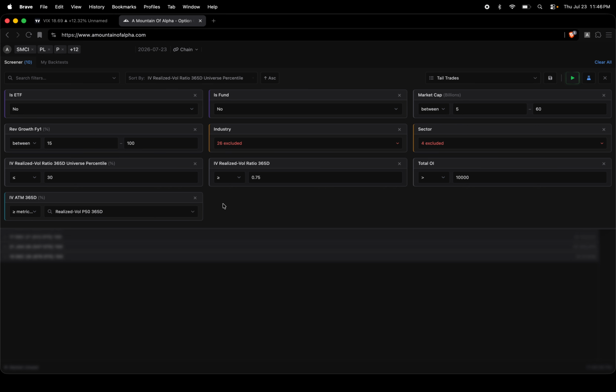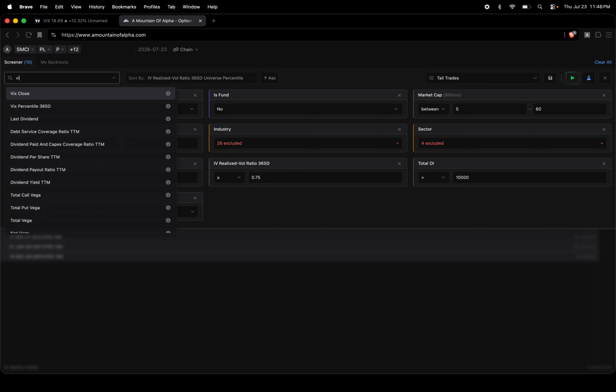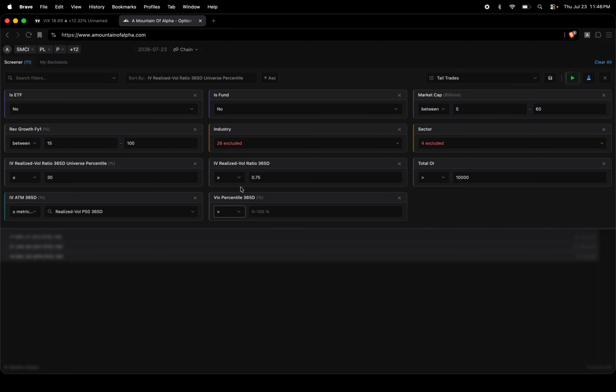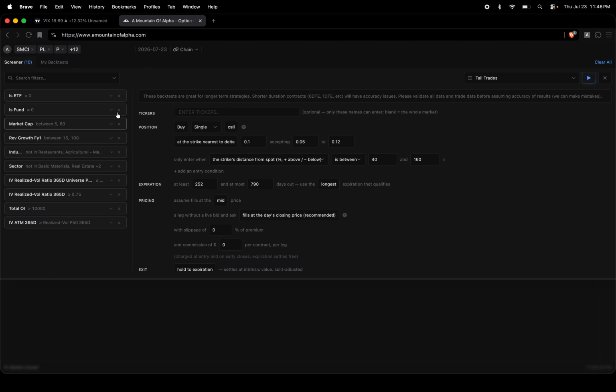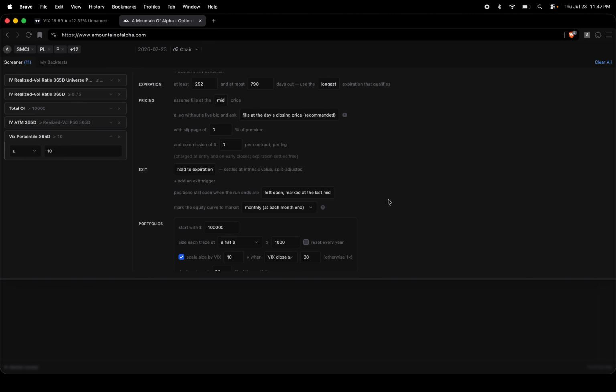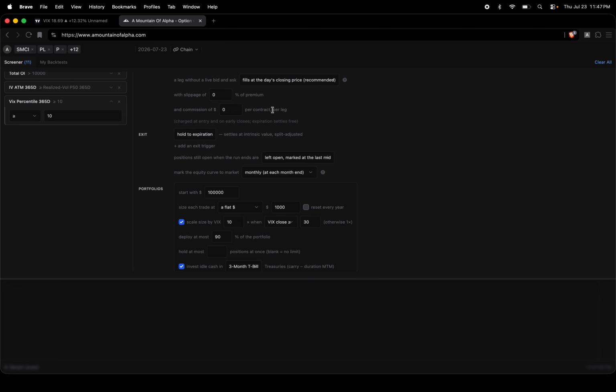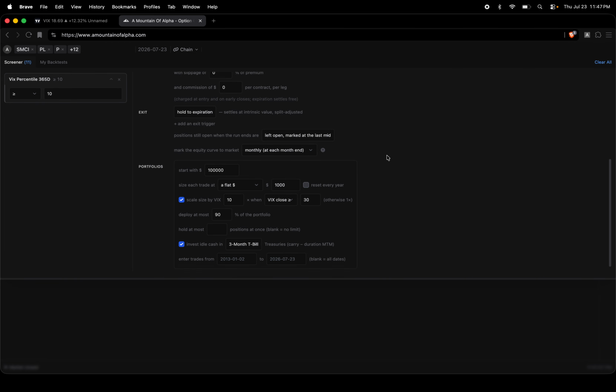And there is also something here that didn't have much effect, but it might in this one. Let me grab this one, duplicate that. I'm going to add a VIX percentile just to not buy things when VIX is in the bottom 10 percentile. That's what that does. I'm assuming no contract pricing, like you're on Robinhood or something, which is kind of good.